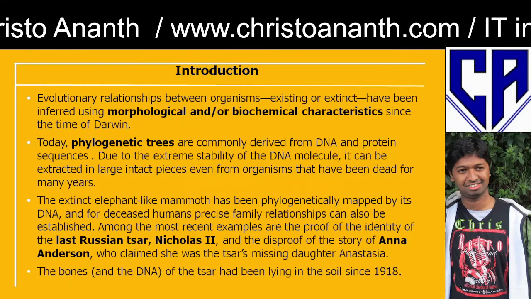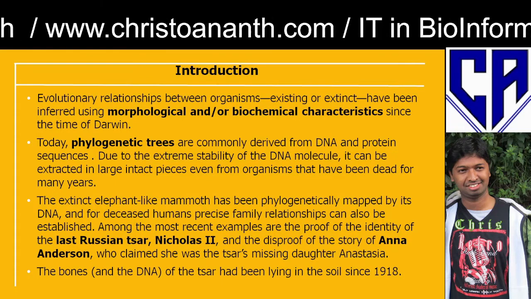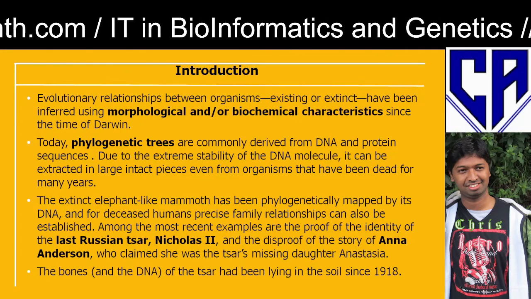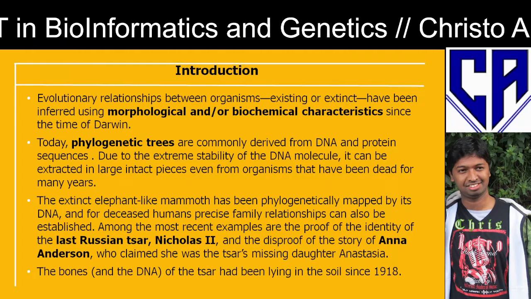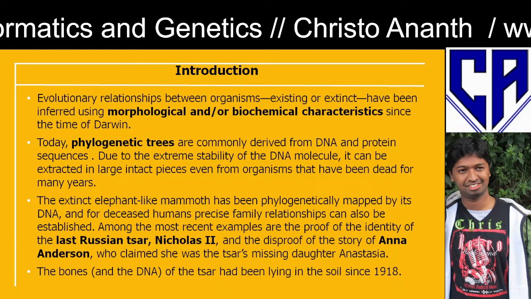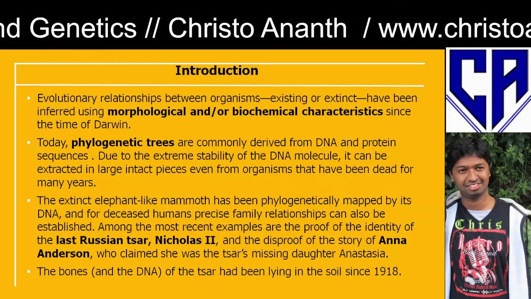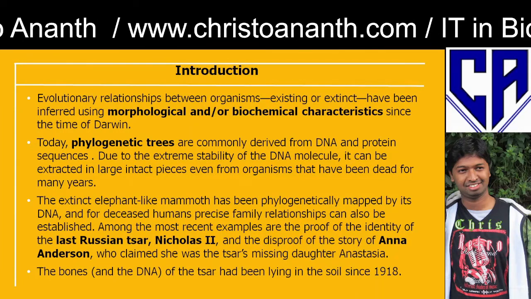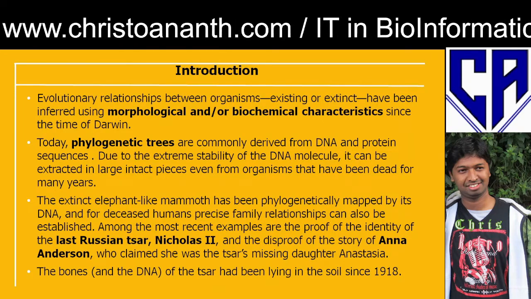We'll take the consideration of a case study. There is a proof of identity of the last Russian Tsar, Nicholas II, and we will have the story of Anna Anderson, who claimed she was the Tsar's missing daughter Anastasia.